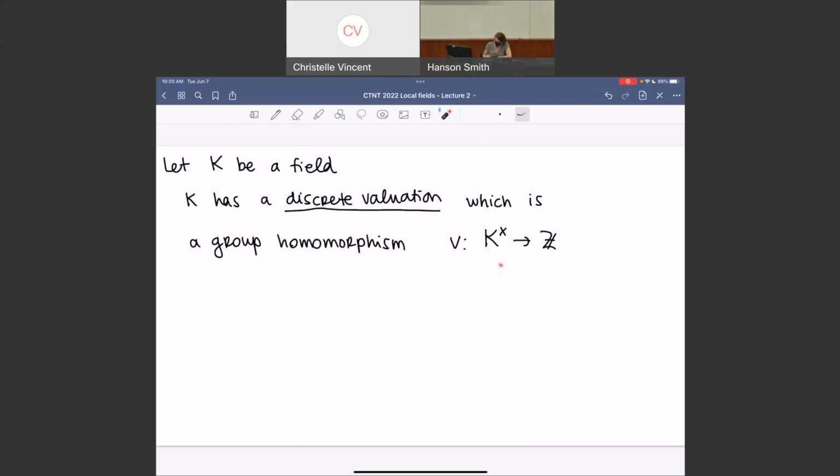So this is the symbol that I use for essentially K, and you take away 0. The operation on this group is multiplication, and Z is only a group under addition, right? So the operation on this group is addition. So it's a map that sends multiplication to addition, just like we talked about.